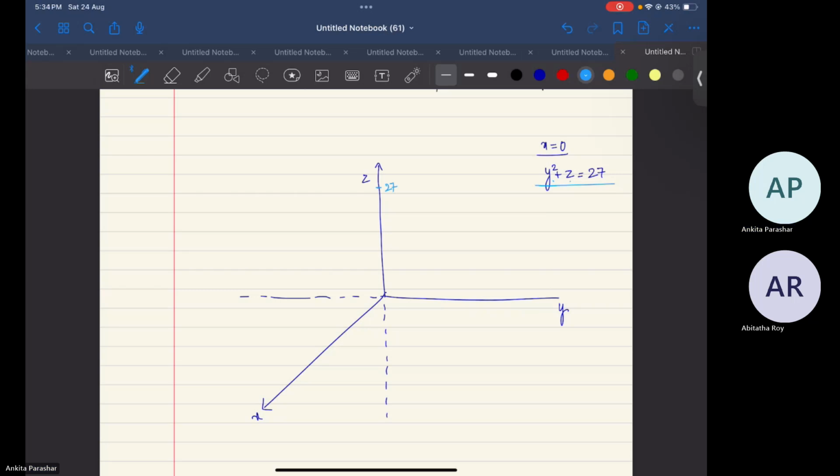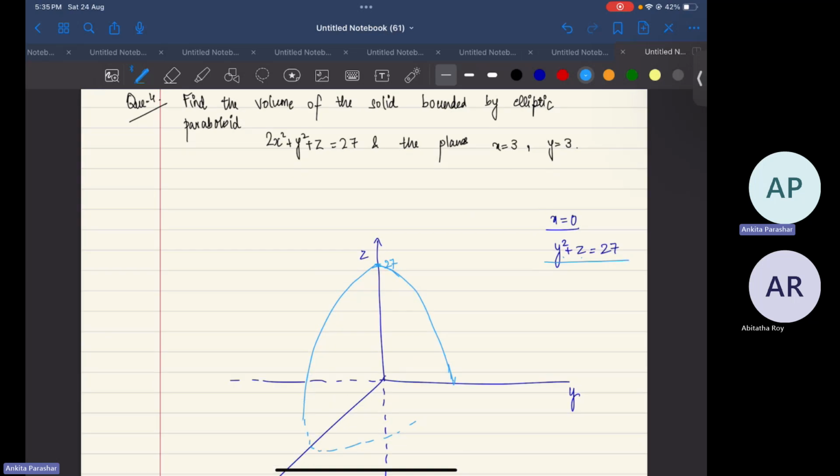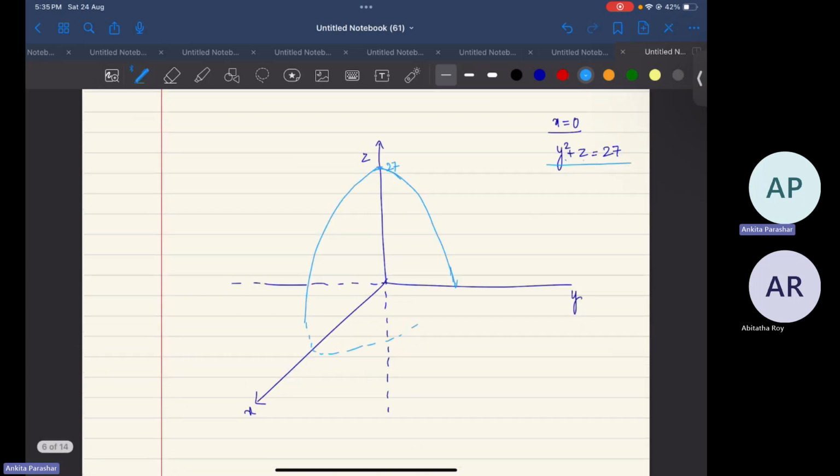So the graph should be like this. Moreover, one more thing: its base. Suppose I just look at this paraboloid.